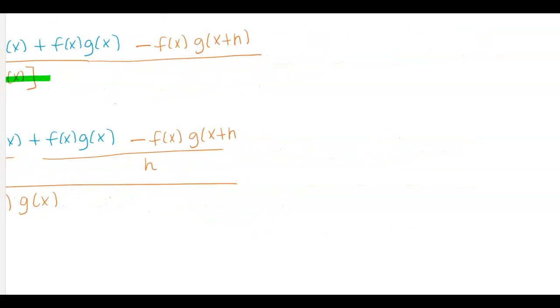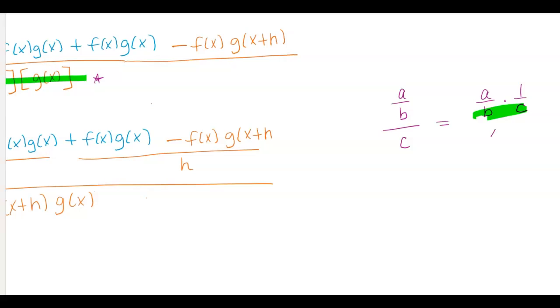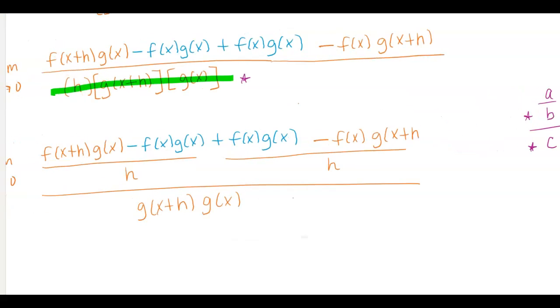When you have a fraction, like let's say that I have a over b divided by c, it's the same as a over b times 1 over c. So b and c are still multiplied together. What I'm saying is here in this fraction, they were multiplied together. I just rewrote it so that there was a fraction in the numerator and then part of it stayed down in the denominator.